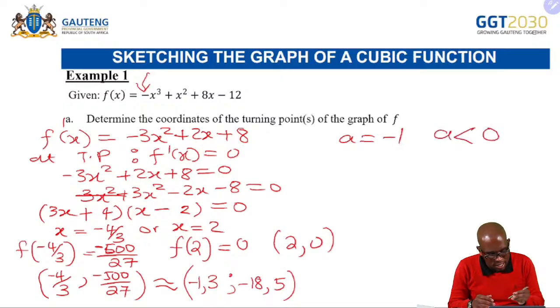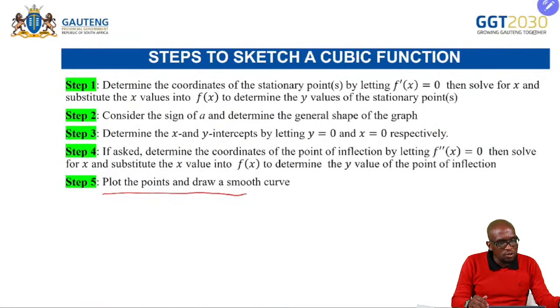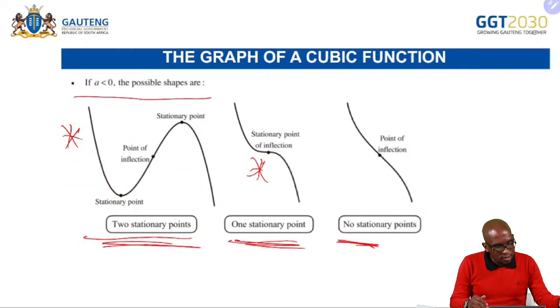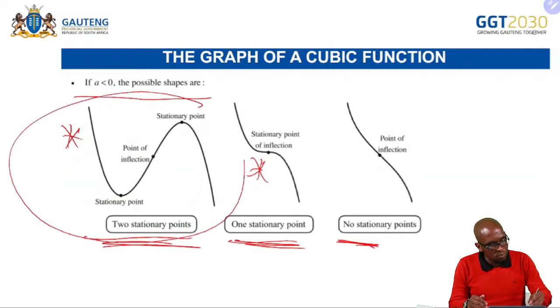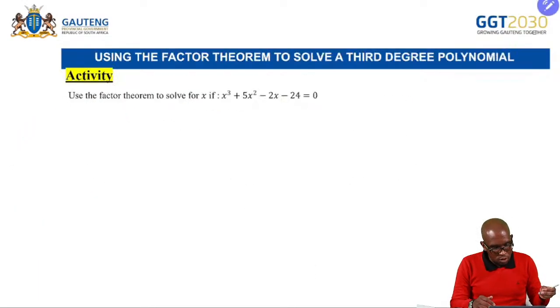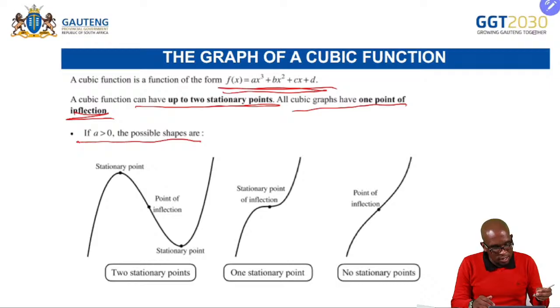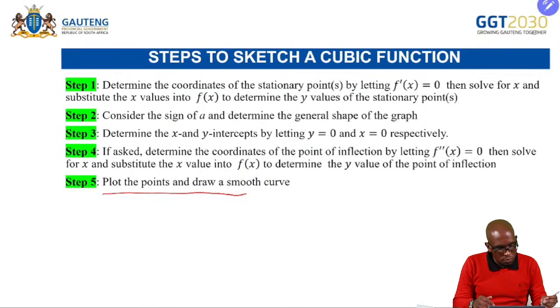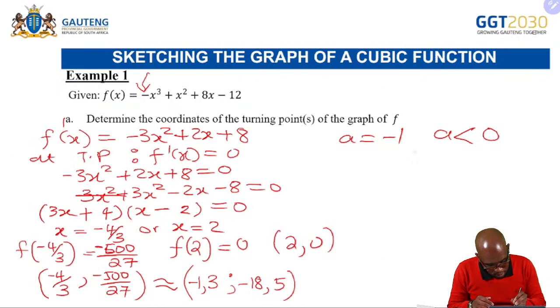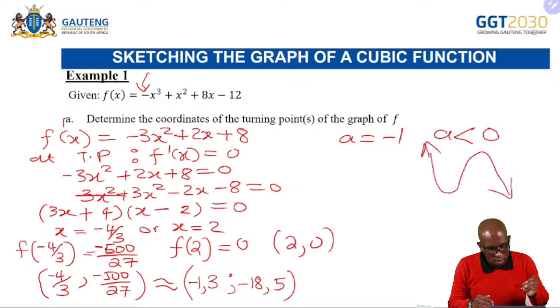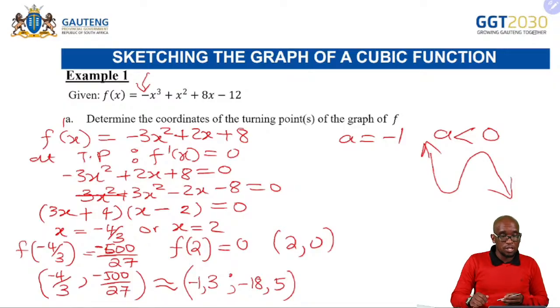So a is negative. If a is negative and you have 2 stationary points, then we're going to get this shape, this way.